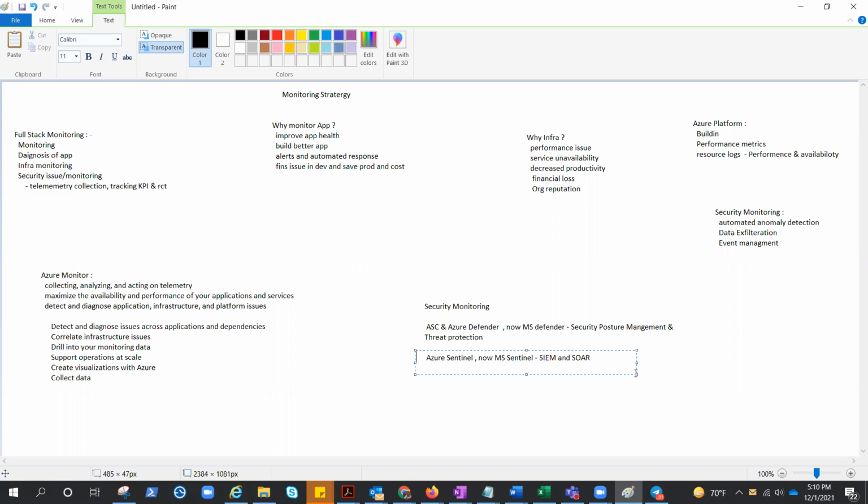SIEM is security information event management. And what is SOAR? Security orchestration automated response solution. Microsoft Sentinel delivers intelligent security analytics and threat intelligence across the enterprise, providing a single solution for alert detection, threat visibility, proactive hunting, and threat response.